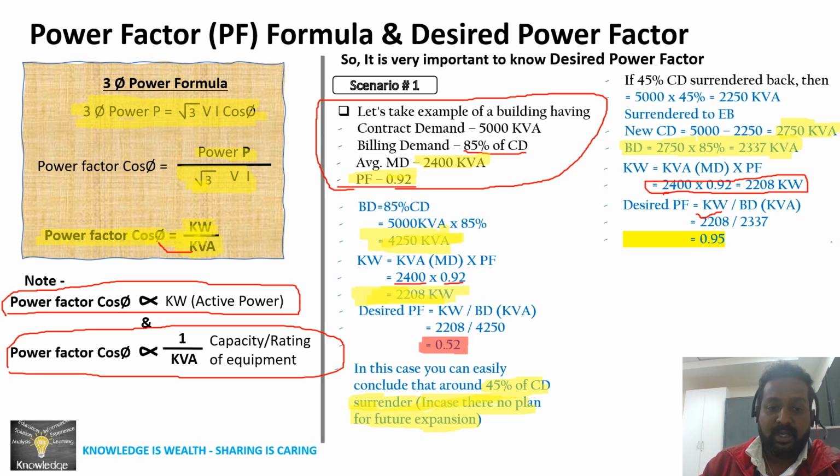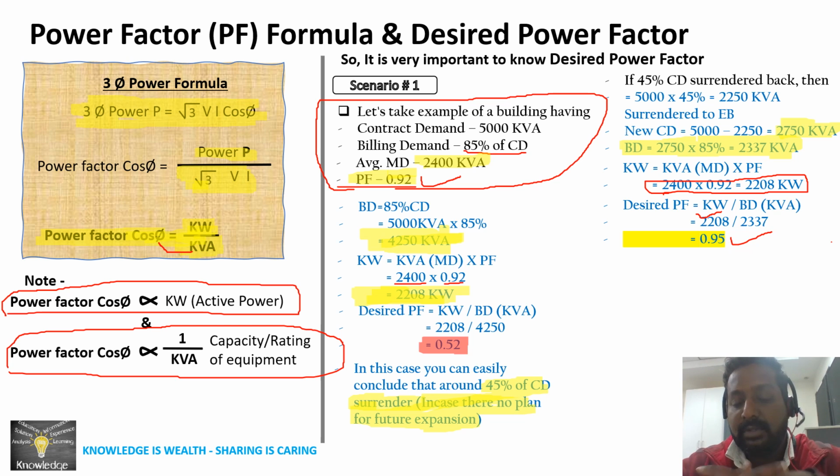Power factor is equal to kilowatt by kVA, so 2208 divided by 2337 comes to approximately 0.944. Okay, so I have considered 0.95. But we are managing a 0.92 power factor. So now the power factor needs to be improved from 0.92 to 0.95 as the desired power factor.